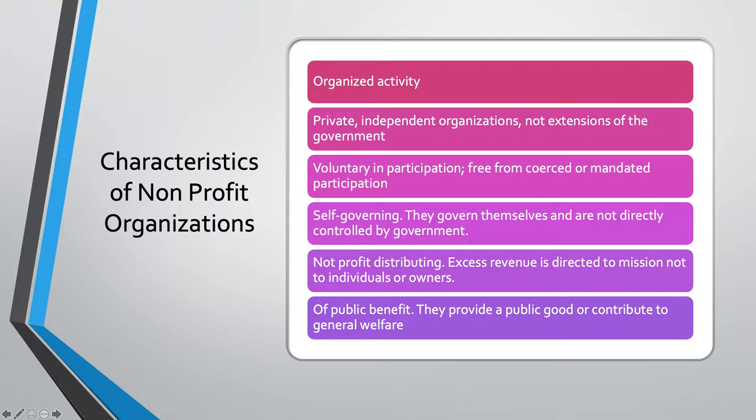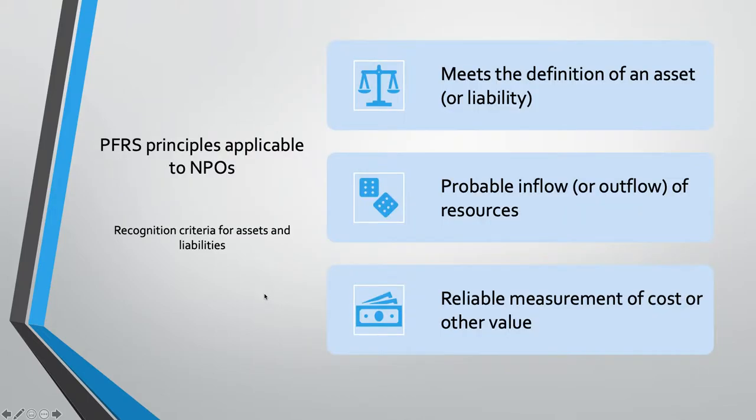Okay, so someone says there's recognition criteria for assets and liabilities. Thank you, Rizal. So for the principles applicable to NPOs, it meets the definition of an asset or liability.